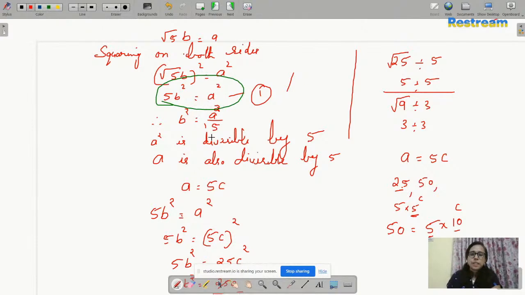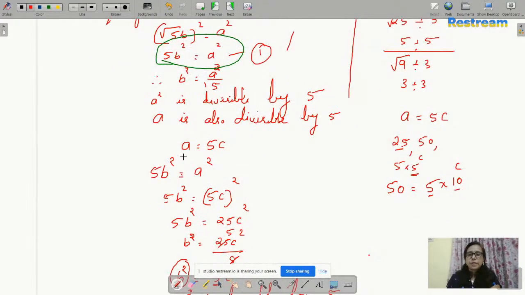So A square is divisible by 5, so A is also divisible by 5. If A is divisible by 5, you name it as A is equal to 5C, where C is any other number. Other than A and B, take C, D, Q, anything. I have taken C, so A is equal to 5C.